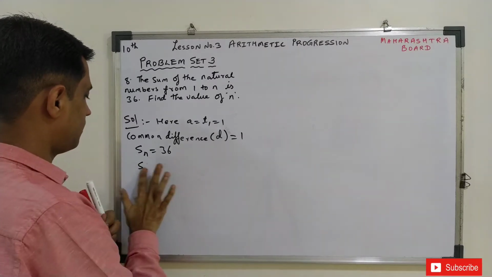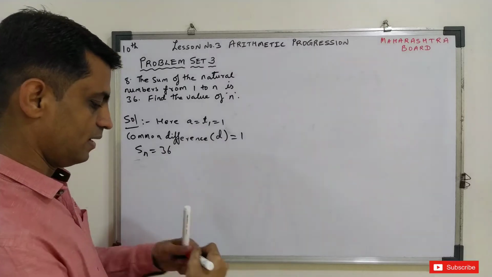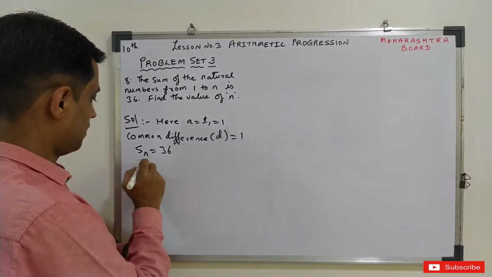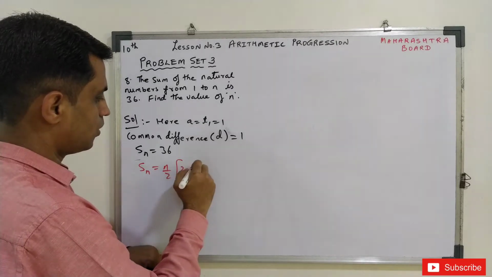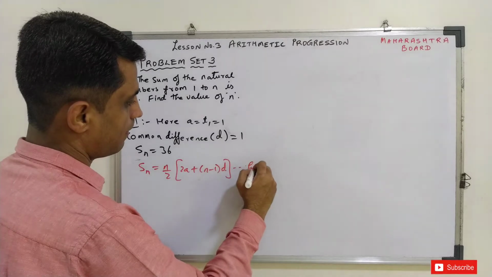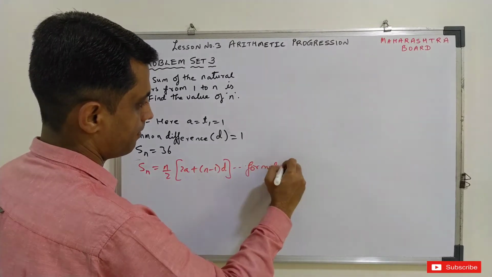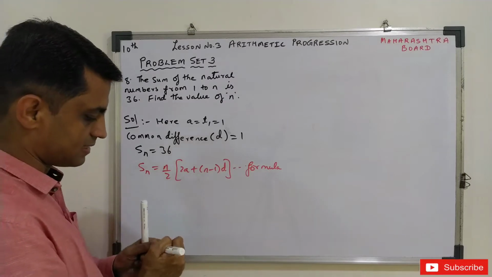Now let us use the Sn formula. Sn is equal to n upon 2, 2a plus n minus 1 into t. So this is our formula. So here what is our Sn? Our Sn is 36.